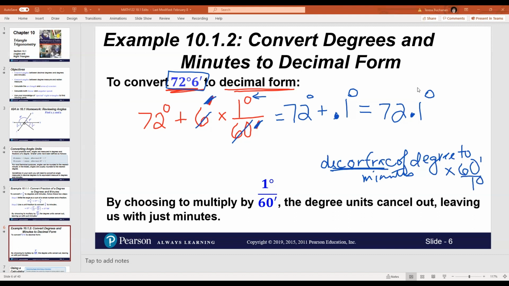If I'm going in the other direction, if I'm starting with degrees and minutes, and I'm trying to get to a decimal or a fraction of a degree, I'm going to multiply by 1 degree over 60 minutes.